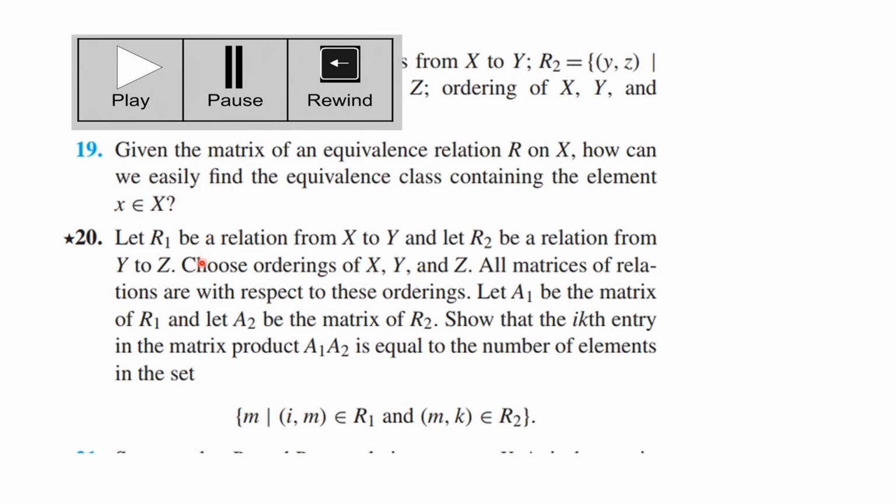And the other question is: if you have R1 and R2, you can show that the ith kth entry of the matrix product A1 and A2 is equal to the number of elements in this set. So you should pause and think about this first problem anyway, problem 19.